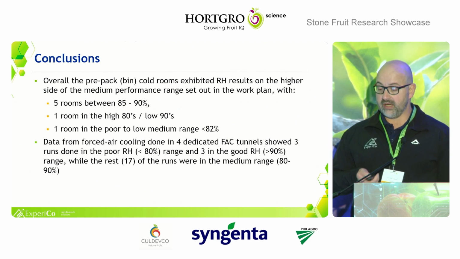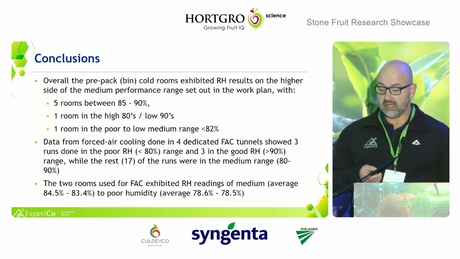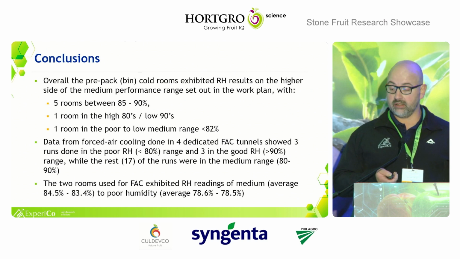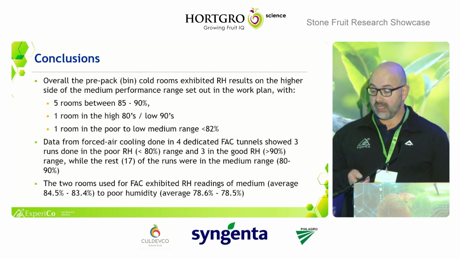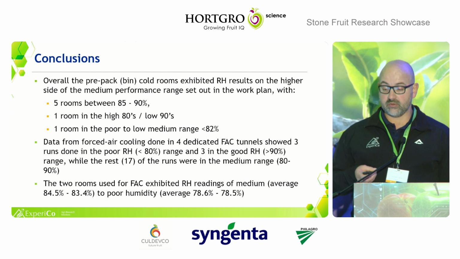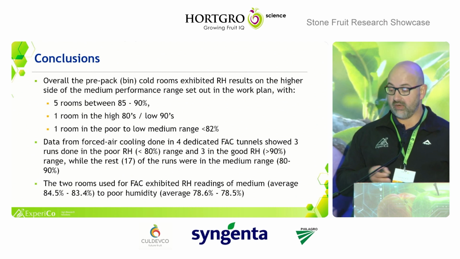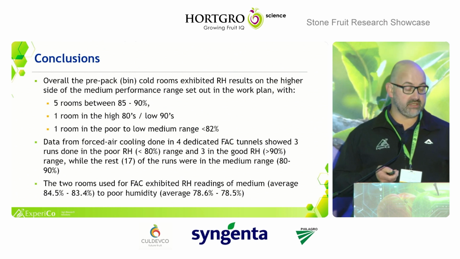The rest of the 17 were run in the medium range. The 2 rooms used for forced air cooling, which are normal cold rooms that they made tunnels in, were in the medium range, between 84.5 and 83%, right down to the poor range of below 80%.